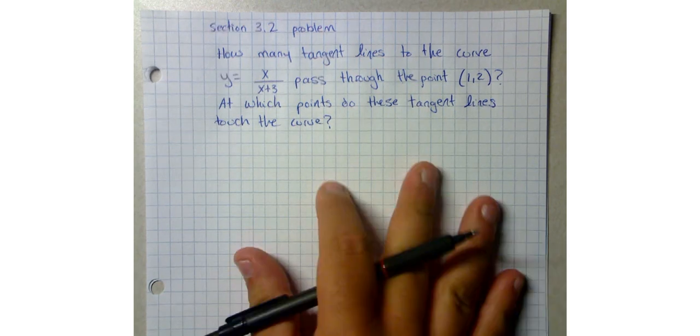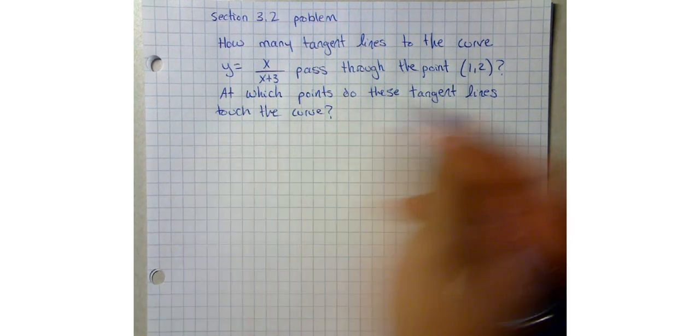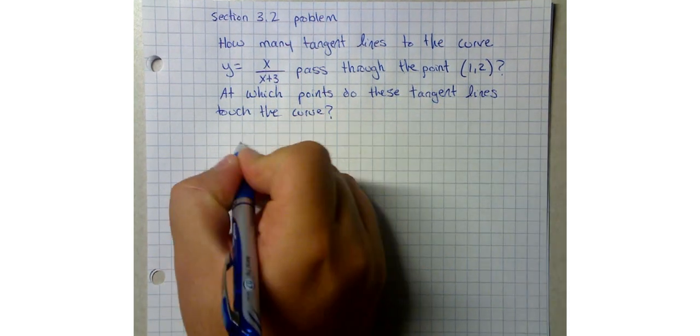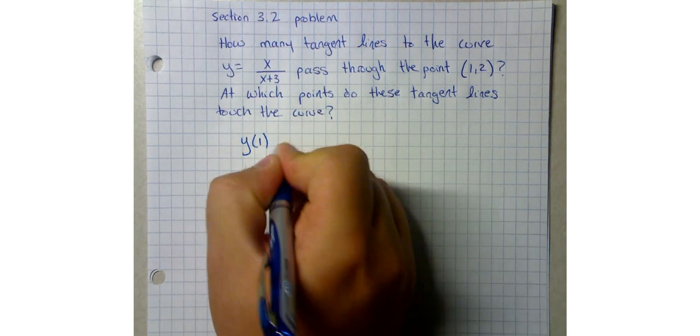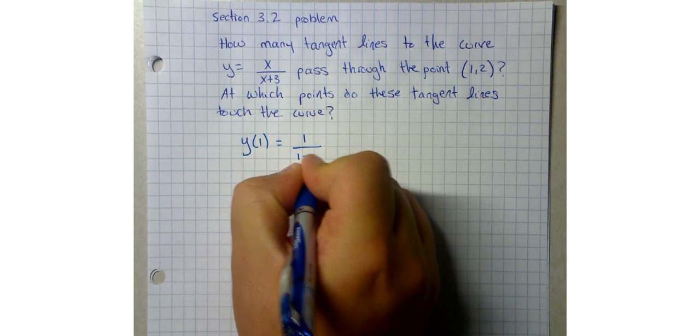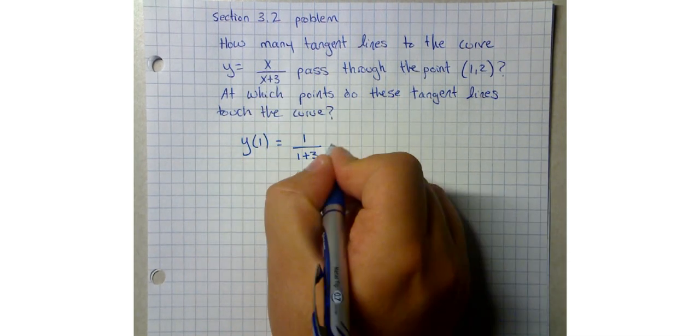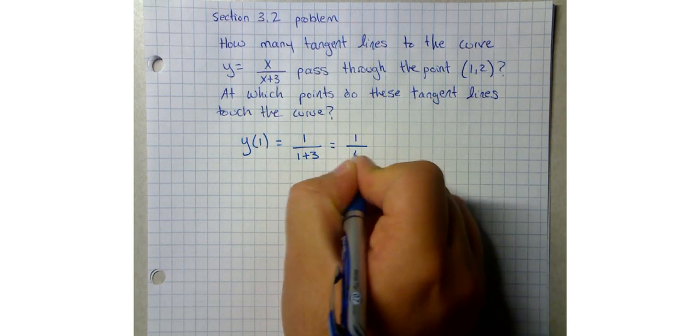So the first thing we have to check is if the point 1, 2 is on the curve x over x plus 3. To do that, we are going to plug in 1, 2 into the function. Y evaluated at 1 is equal to 1 over 1 plus 3. So y of 1 is equal to 1 over 4.